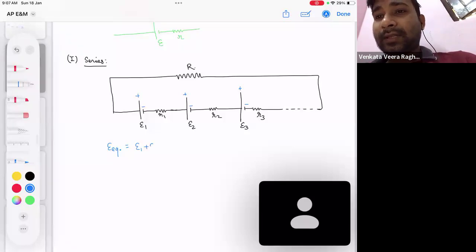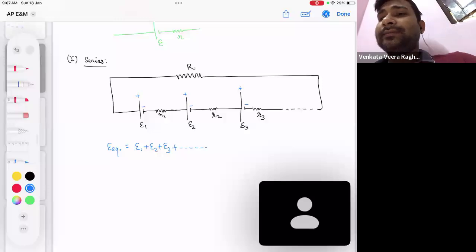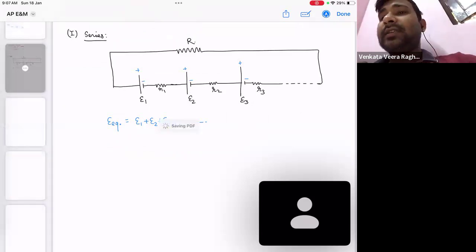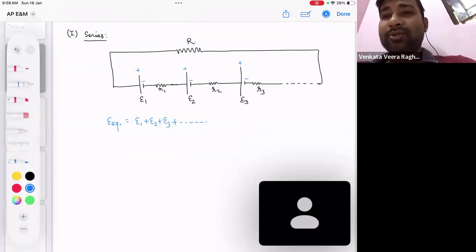E1 plus E2 plus E3 plus E4 like that. The meaning is that if all these cells are supporting the current in the circuit, then the equivalent EMF will be the sum of the EMF of each cell. And the equivalent internal resistance will be R1 plus R2 plus R3 plus R4 like that.